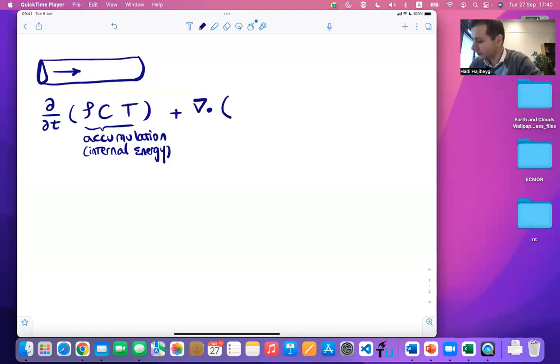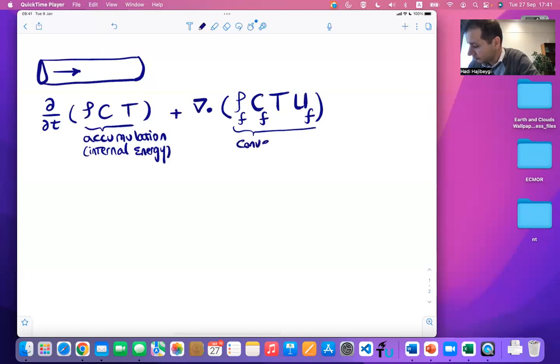Convective heat flux would be density of the fluid, because convection happens only for the fluid, heat capacity of the fluid part only, temperature of the fluid, and velocity of the fluid. That's the convective heat flux. And that divergence operator would say net outgoing.